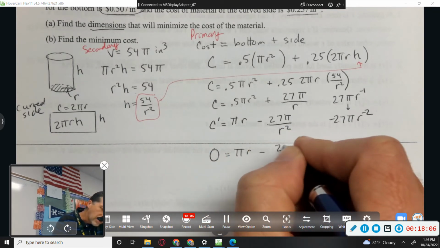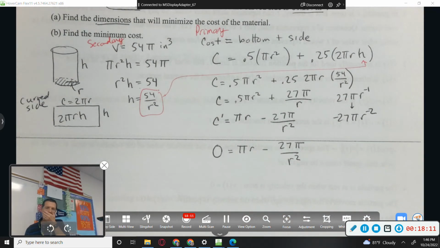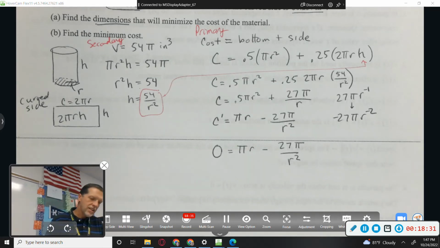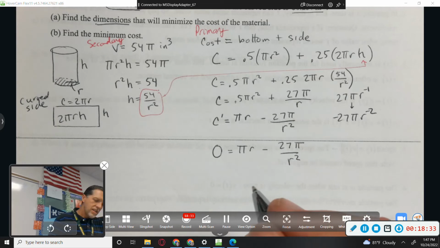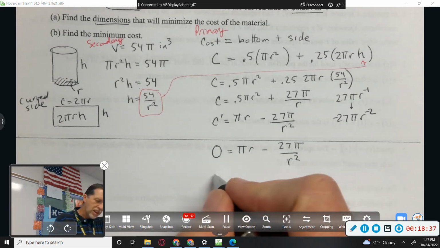And I think our calculus is over. Now it's all algebra. How do you want to solve that? Algebra experts. Pi r on the other side of the equation, and then multiply by r squared on both sides. Okay. I was going to multiply by r squared first, but that's fine, what you said.